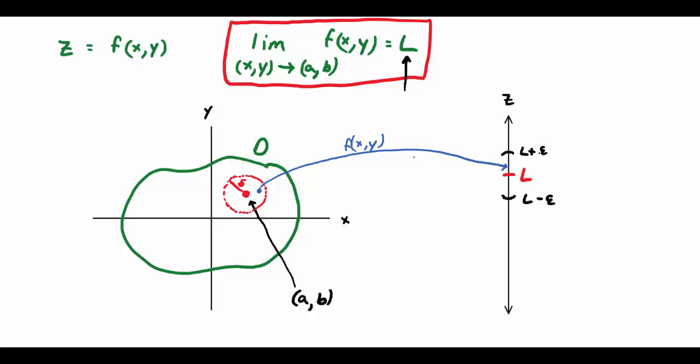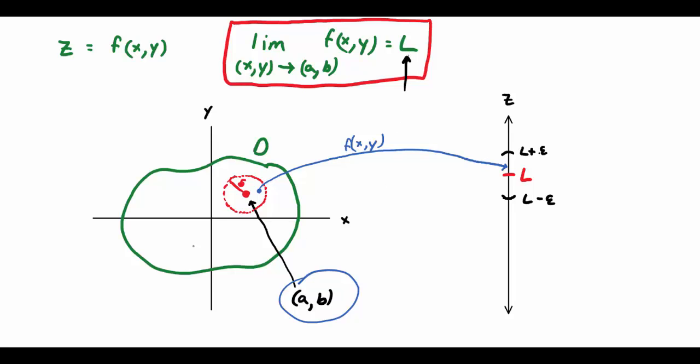So let me say that again to be clear. Given an epsilon bigger than 0, if this limit is to exist, then there should be a delta greater than 0, such that if I pick an (x, y) within this delta disk, within delta units of (a, b), then f of (x, y) will be within epsilon units of L. That's, again, if this limit is to exist.